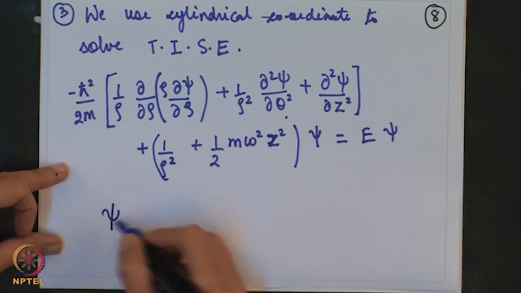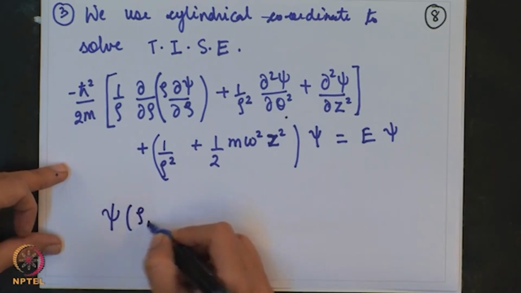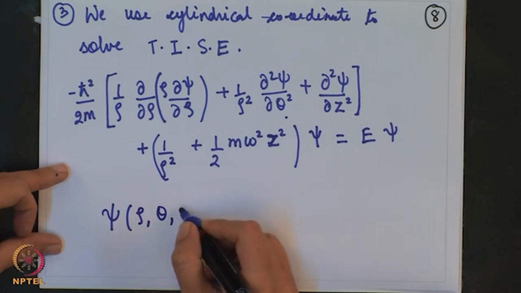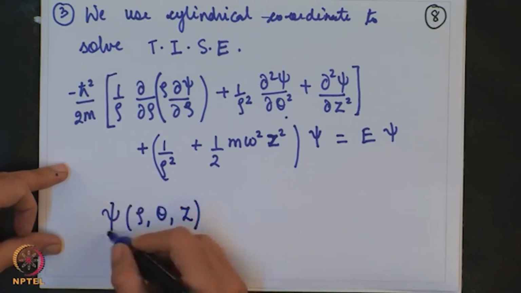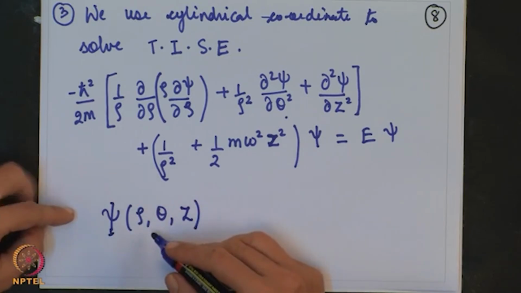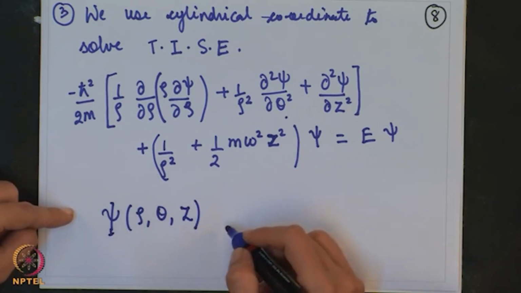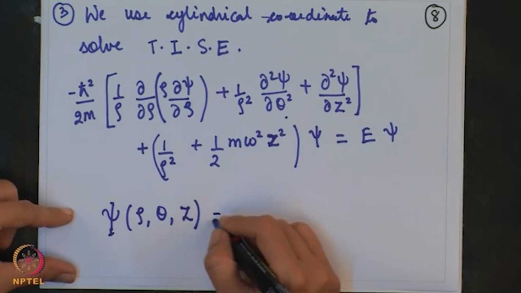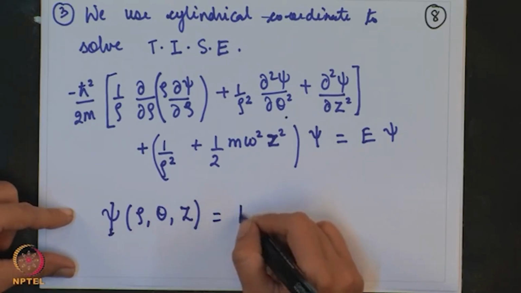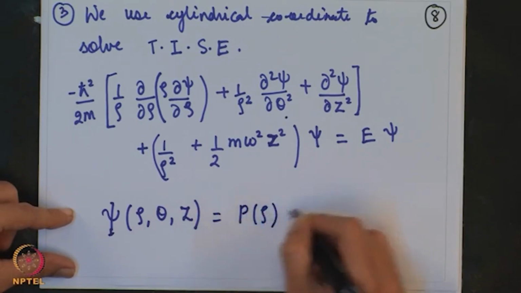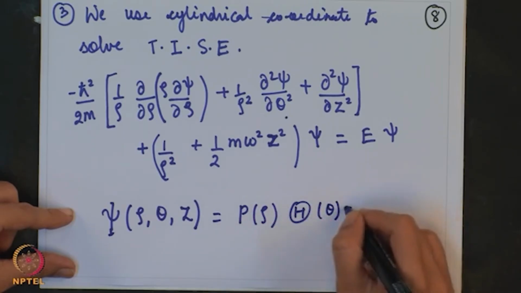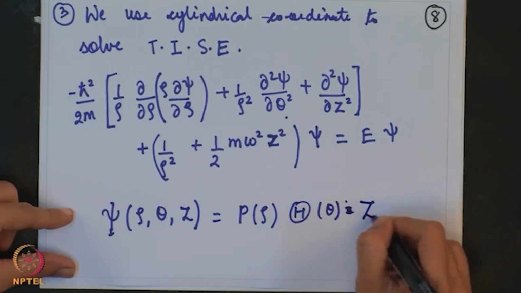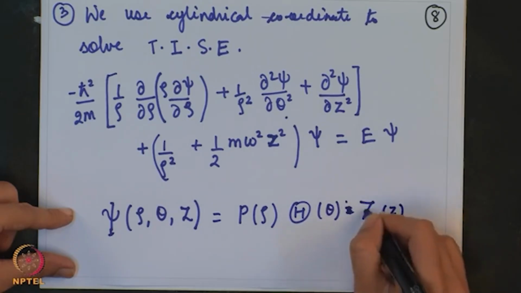Your wave function is a function of rho, theta and z, which you can rewrite as P of rho, capital Theta of theta and Z of small z.